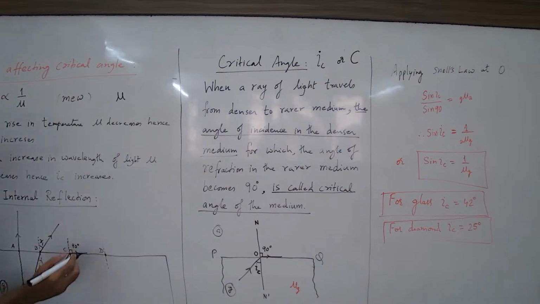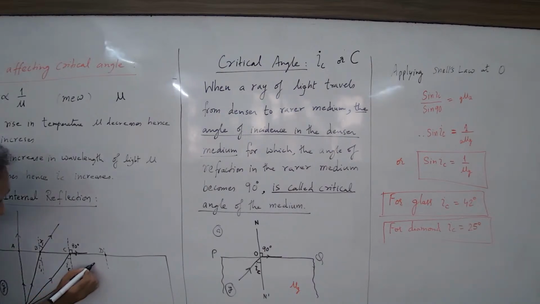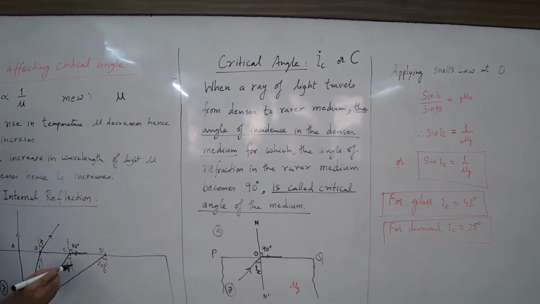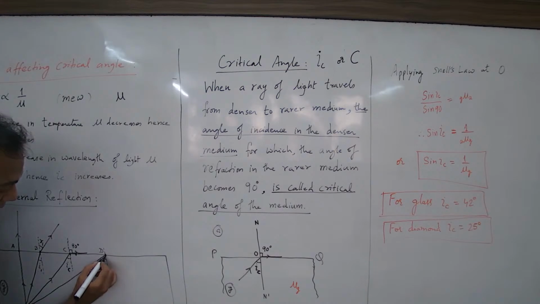Now what happens when we increase the angle of incidence beyond the critical angle? Now we are increasing the angle of incidence bigger than the critical angle, so now i is greater than ic. So it will be greater than 90, and when it is greater than 90, it is reflected internally.